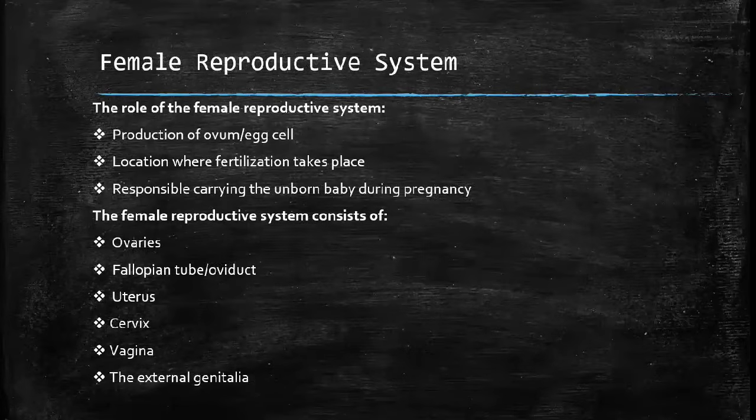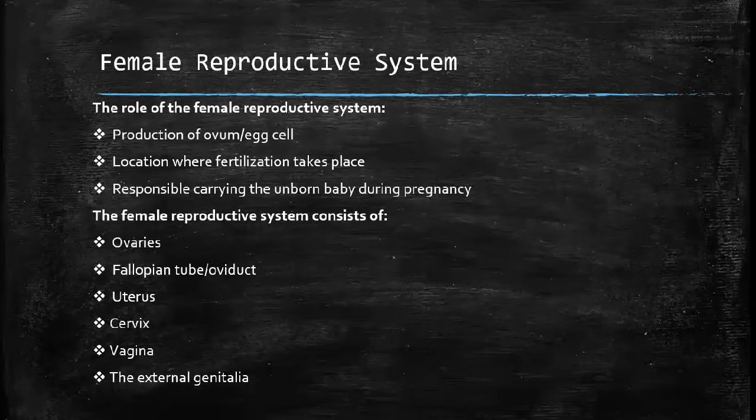Now, what does the female reproductive system consist of? It consists of two structures, which we call ovaries. It also consists of two tubes, called the fallopian tubes or the oviduct. And then a very important structure, the uterus. A uterus is very important because that's where implantation occurs and that's where the baby grows until they are born.